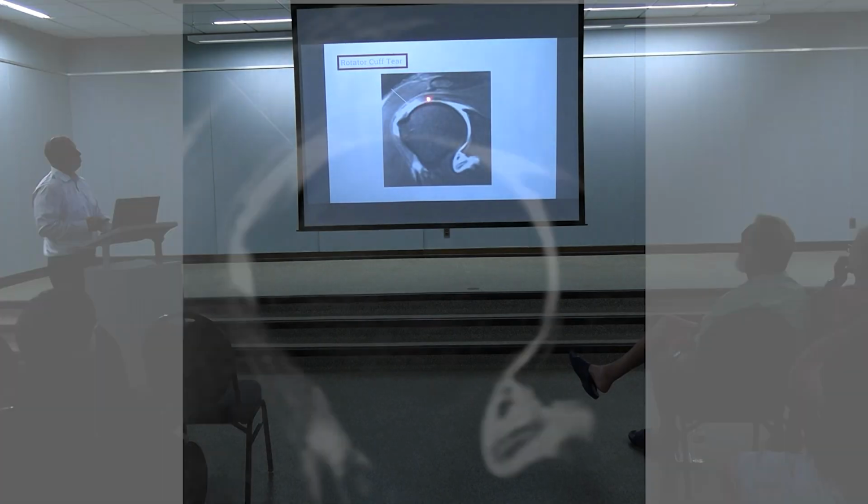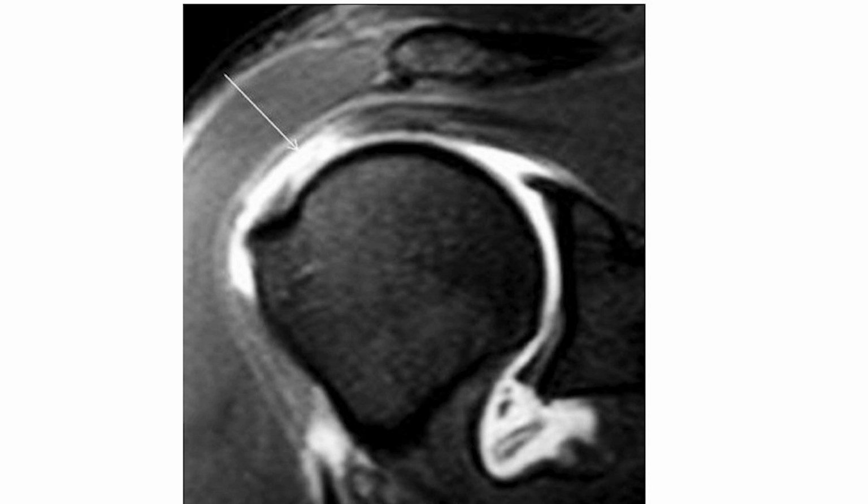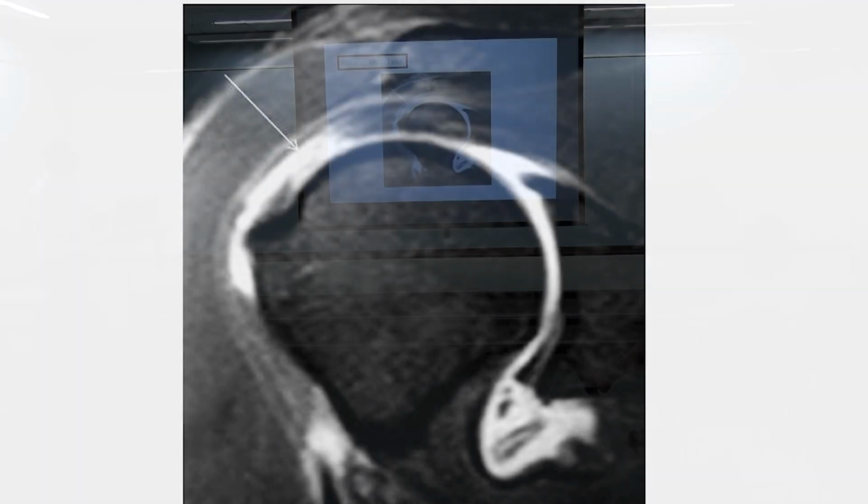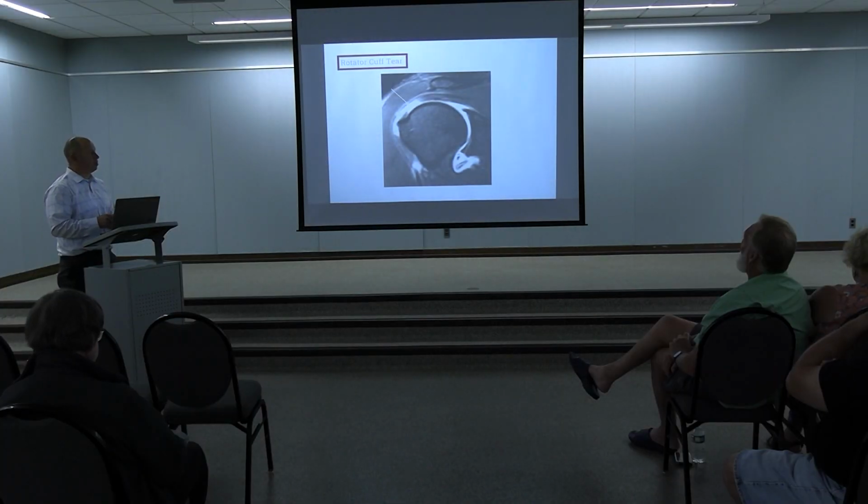So here's a definite full thickness tear of the rotator cuff. Once again, it should be attached here, but it's starting to retract. And that's why we want to get to full thickness rotator cuff tears relatively soon, usually within the first couple months, because otherwise they will start to retract. And then getting that tendon back to where it's supposed to be can be challenging.